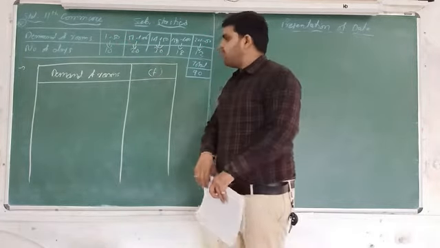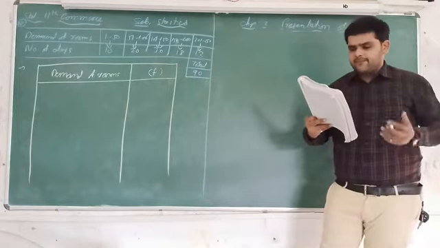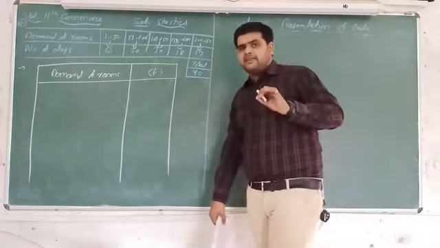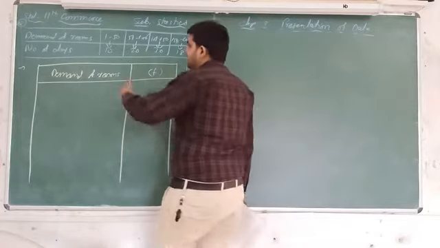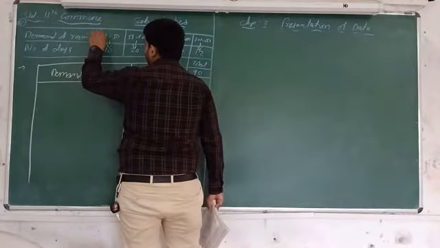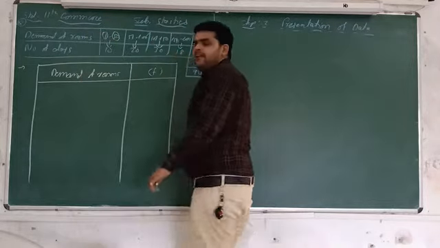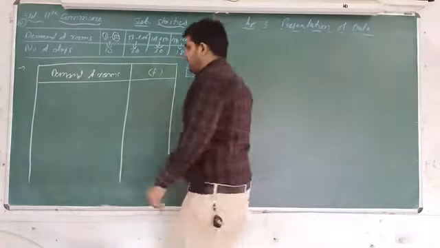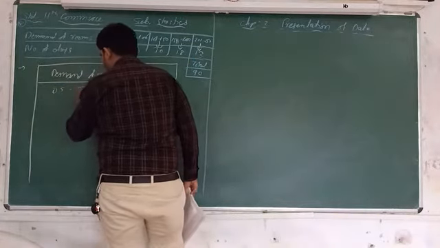So we have to convert inclusive into exclusive. The easiest method, which I taught in the last videos, is to deduct 0.5 from the lowest boundary and add 0.5 to the highest boundary. So the first class is 0.5 to 50.5.